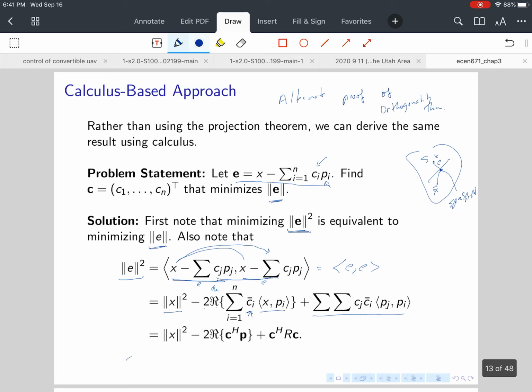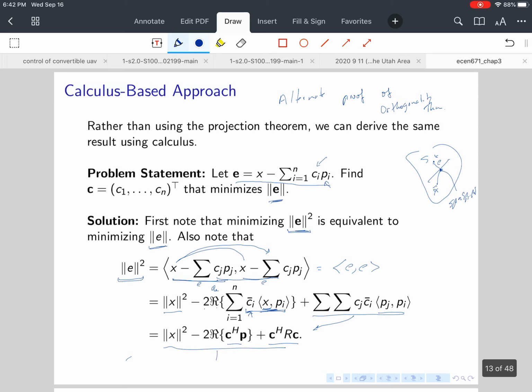And then we've got this term with the sum of c_j's and c_i bars and inner products of p_i, p_j. If we write all this in matrix notation, we can write this as c^H R c, and notice that this is our vector p, so this is going to be c^H p, so we have 2 times the real part of c^H p.